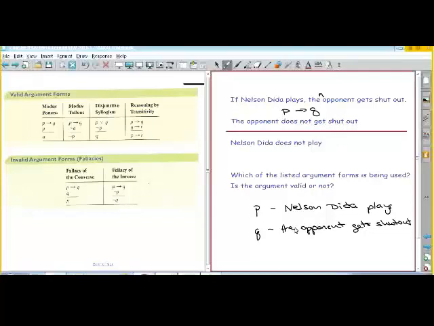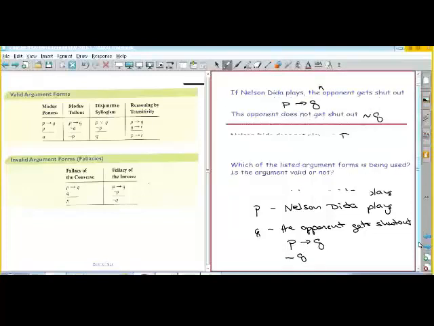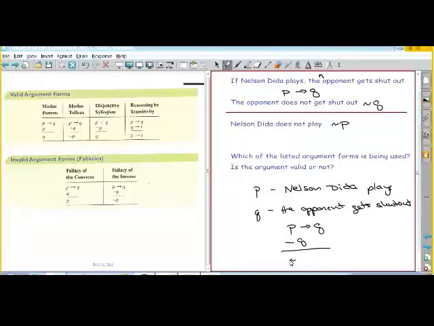We decided to have statement Q being the opponent gets shut out, so I'd have a negation of Q to represent premise 2. And the conclusion is the negation of P, because here he does not play, here he plays. So if we write this out, we'll have if P, then Q, not Q, and then we'll draw a line, and we get not P.